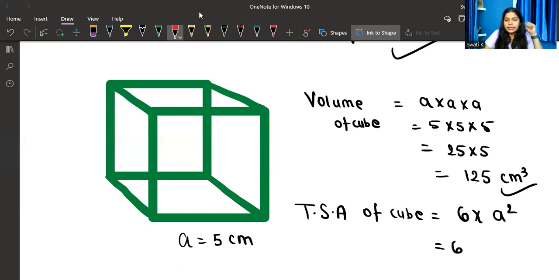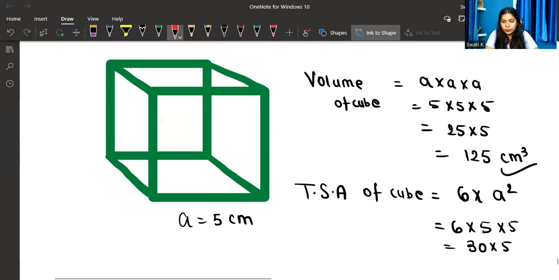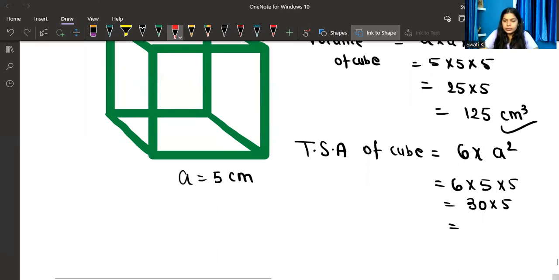Now a is 5, so it's 6 times 5 times 5. Now 6 times 5 is 30, 30 times 5, and what is 30 times 5? 30 times 5 is 150. Okay. So this is 150 square centimeter, of course, because it is area, right? Okay. So it is 150 square centimeter.